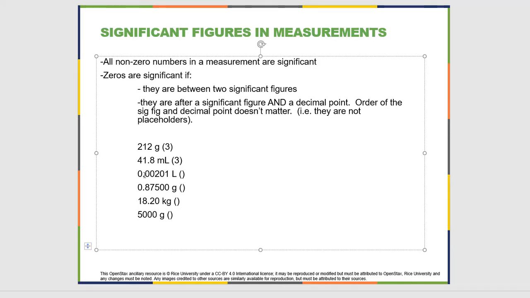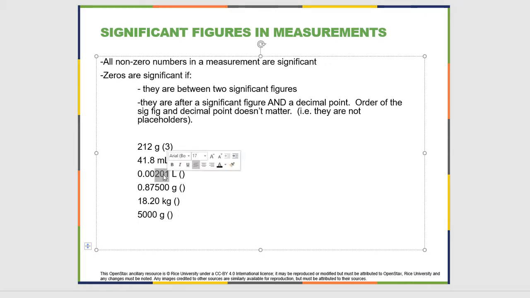If we look at these zeros here, first of all, this is kind of a cosmetic zero. This zero is never significant. But then we have 0.00201, and we're looking for the significant figures in this data. Well, these zeros are after a decimal place, but they're not after a significant figure, so they are not significant.